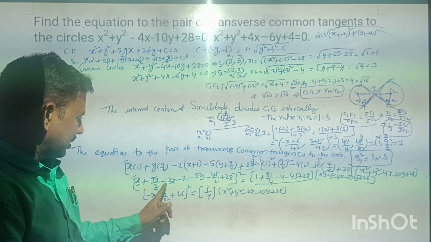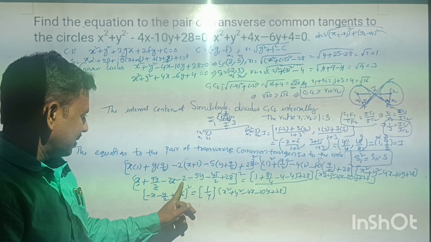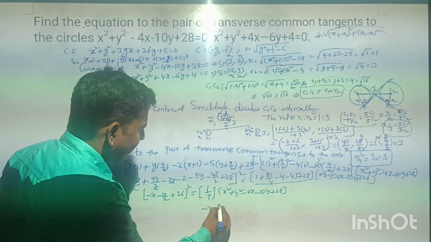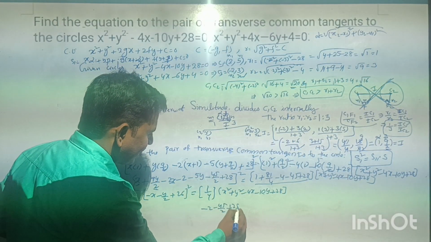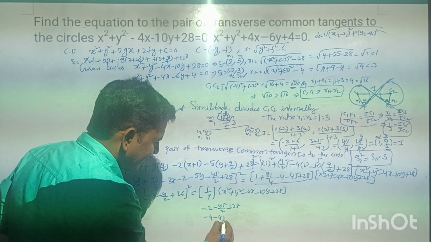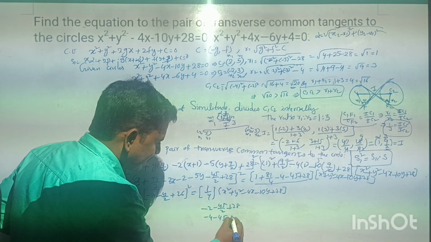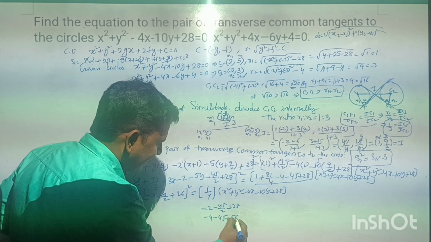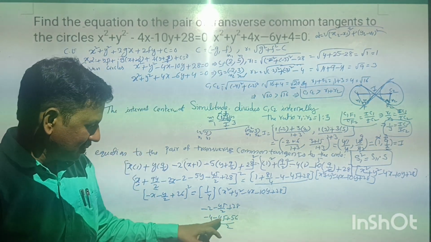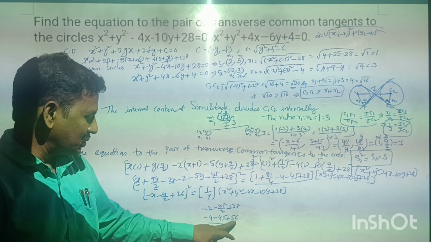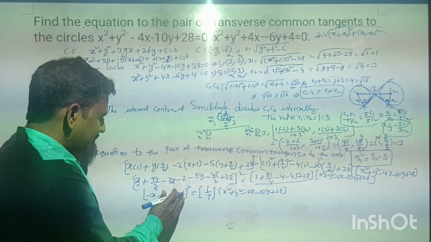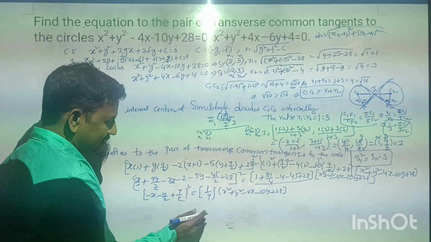Okay, so x already equal, y's are equal, minus 2 minus 45 by 2 plus 28. That means here the minus 2 minus 4 minus 45 plus 2, so 56 by 2. 56 minus 49 plus 56, 7 by 2. So here the 7 by 2. This is 7 by 2.